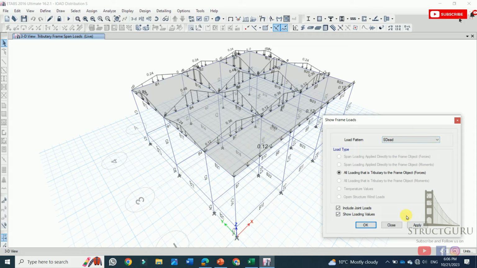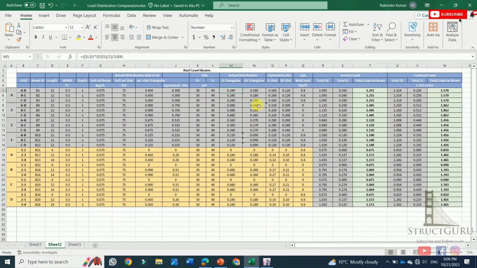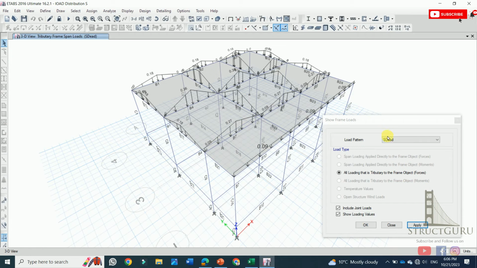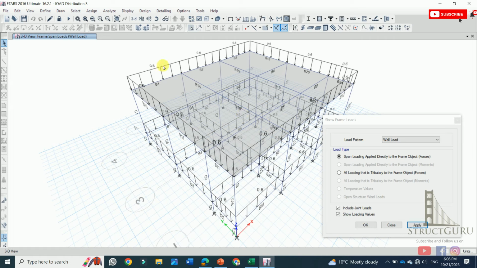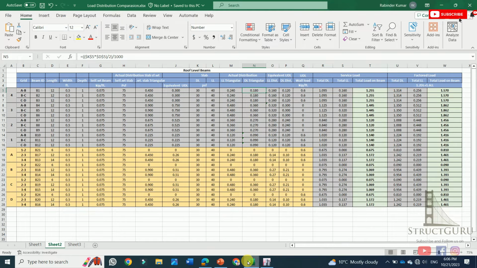Similarly, for the SDEAD category, the load is 0.18. And finally, we need to check the wall load. Wall loads are to be taken as 0.6, and here you can see the wall loads are 0.6.